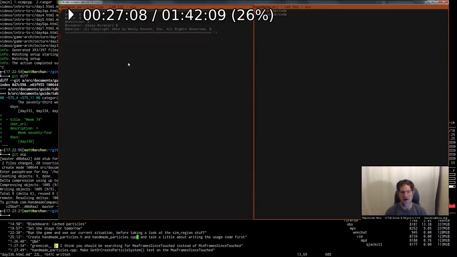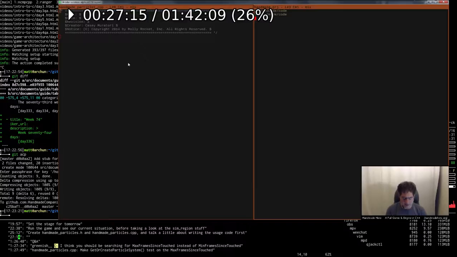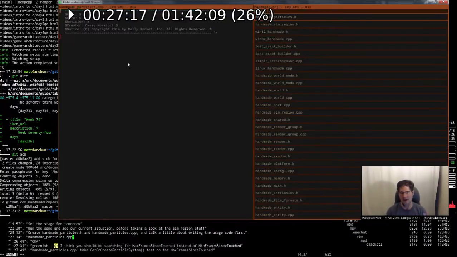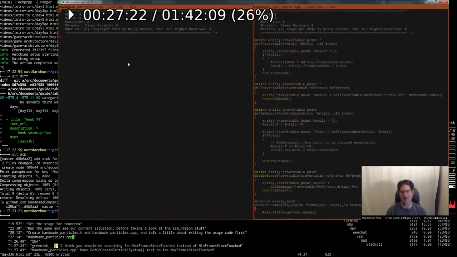Those are very hard problems to solve all across the board. But in this case, I pretty much do know what I want at least that cache part to look like. So I'm going to start with that and let that kind of build.